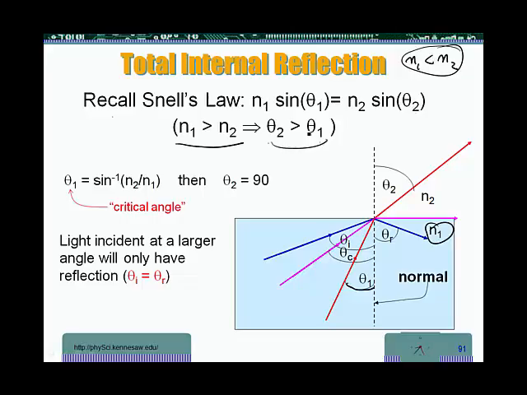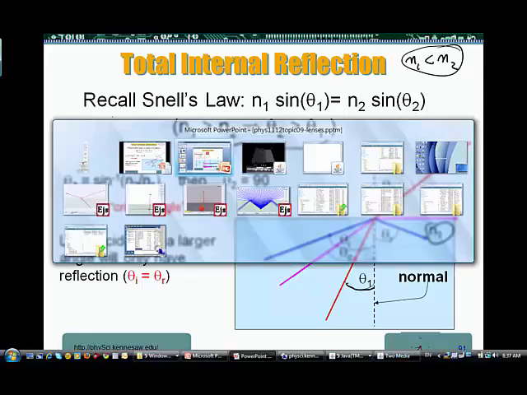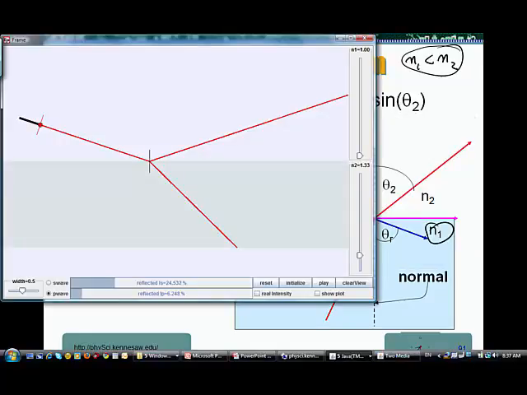Okay, let's go to the simulation in this case. So I'm going to change the roles. So I'm going to start with n1 being 1.5 and n2 being 1.